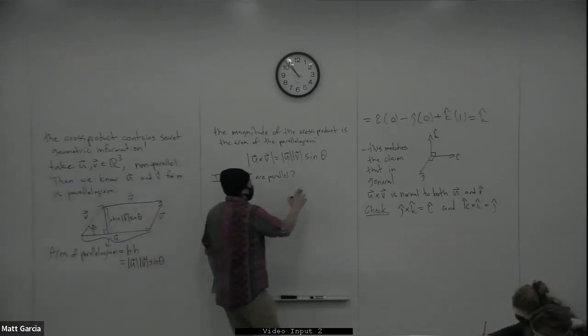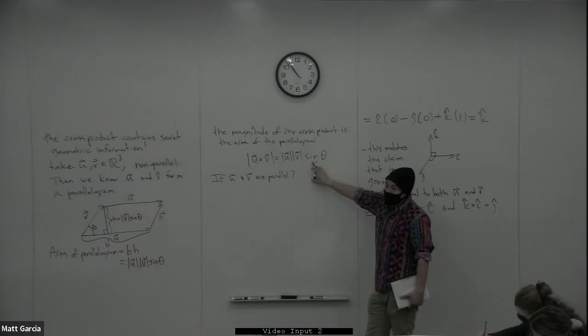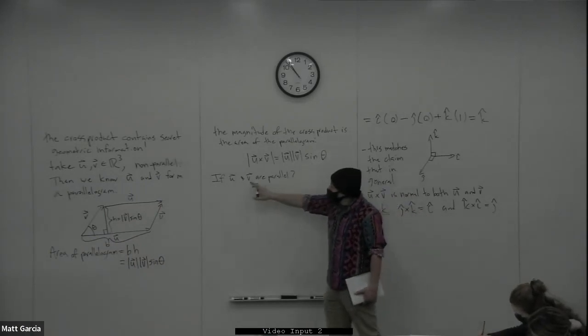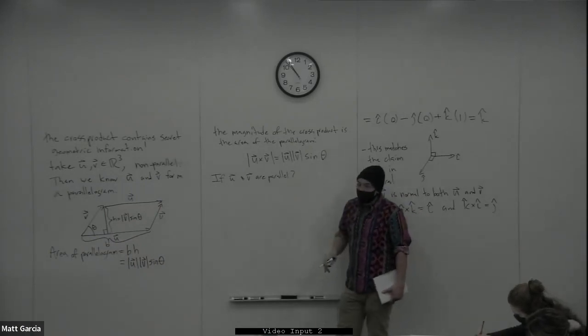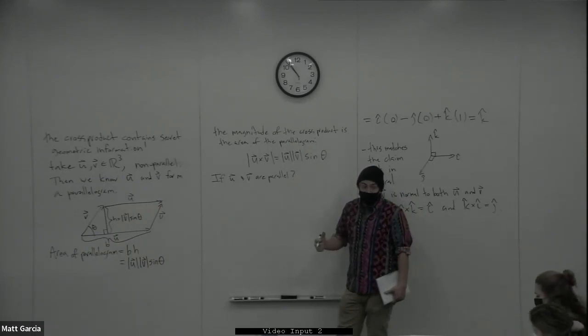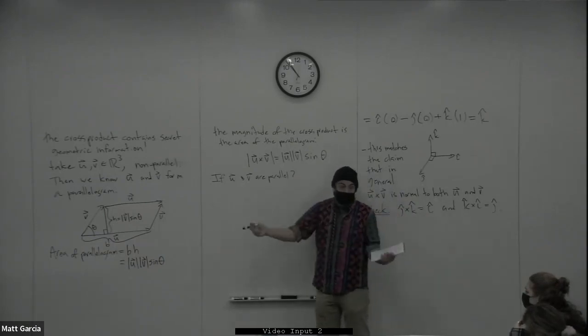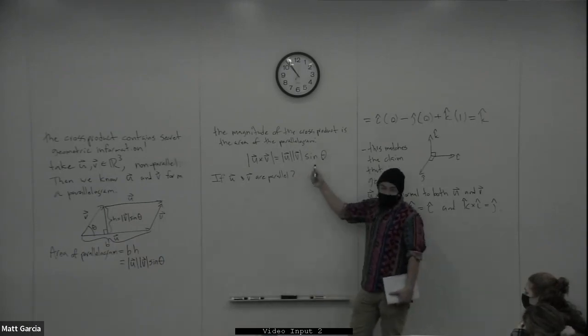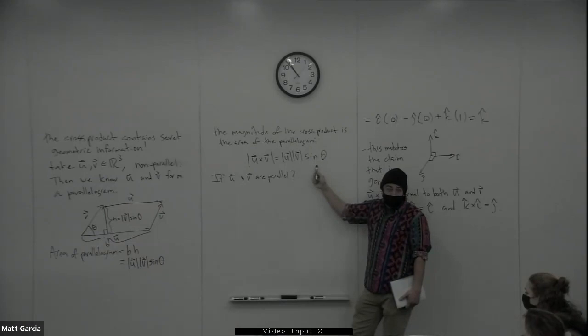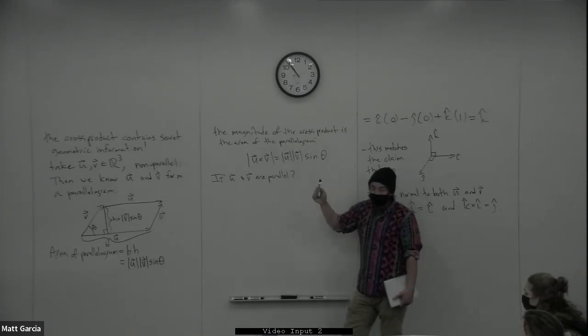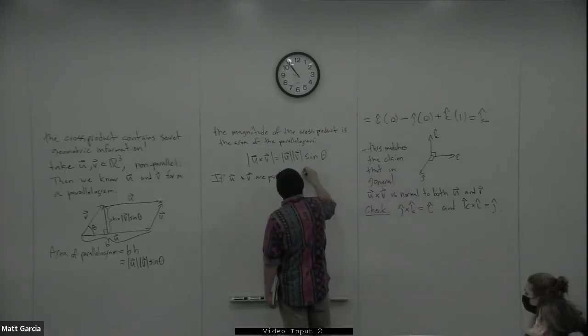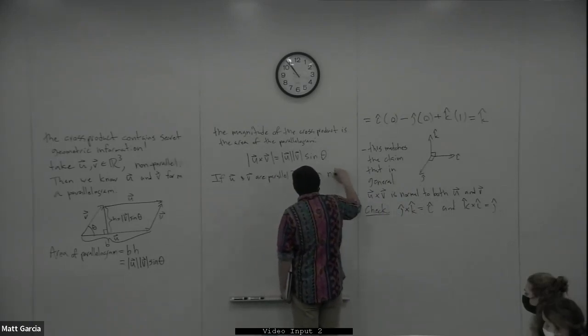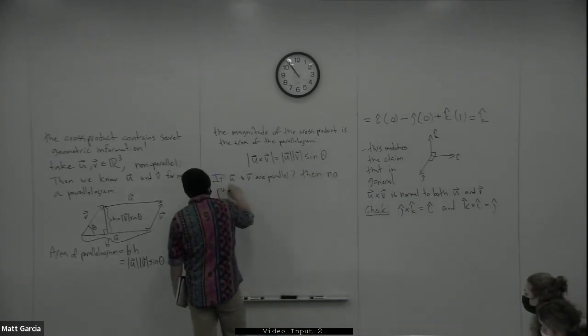And this matches with the fact that if u and v are parallel, the angle between them is either 0 or pi, right? They're either pointing in the same direction or pointing in opposite directions. Sine of 0 or pi is 0. Right? So this is consistent with this formula that we just wrote. Then no parallelogram is formed.